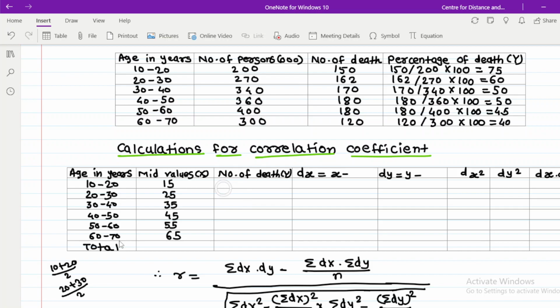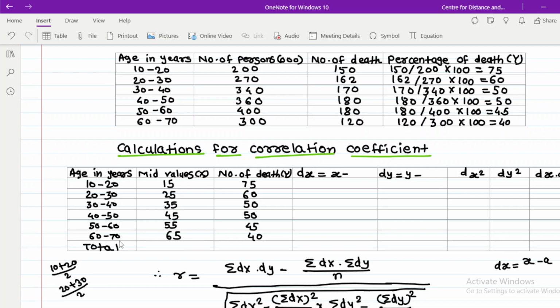Then the percentage of deaths, that is, the first one is 75, 60, 50, 50, 45 and 40.